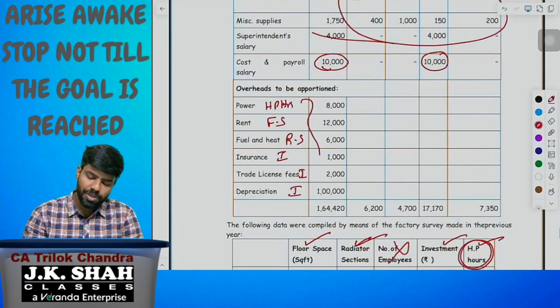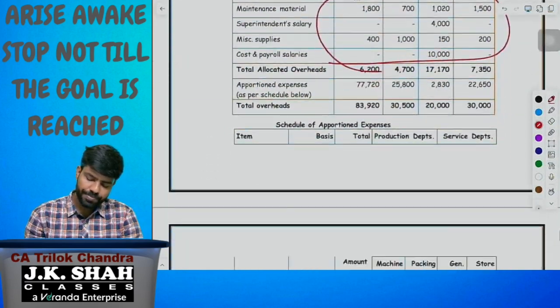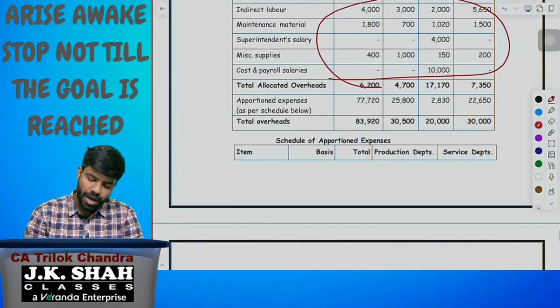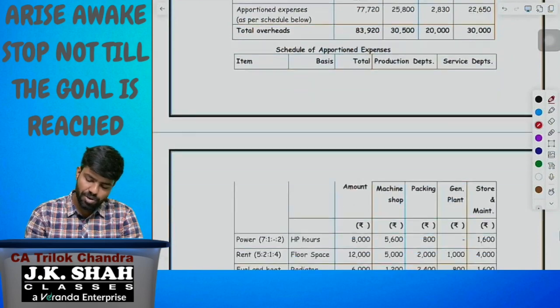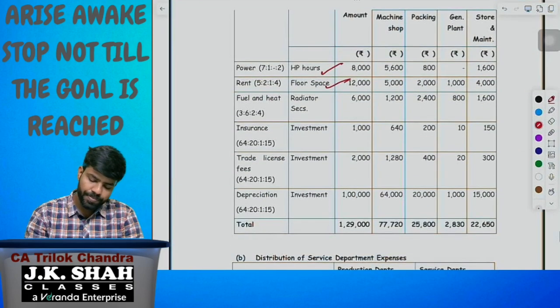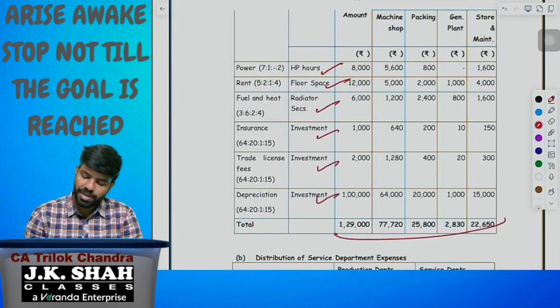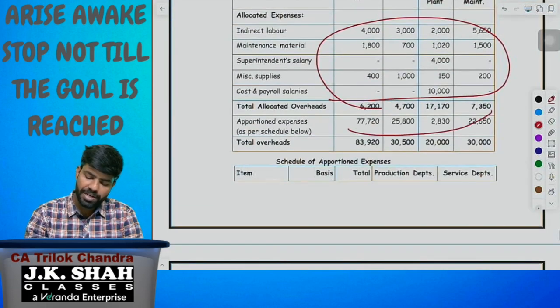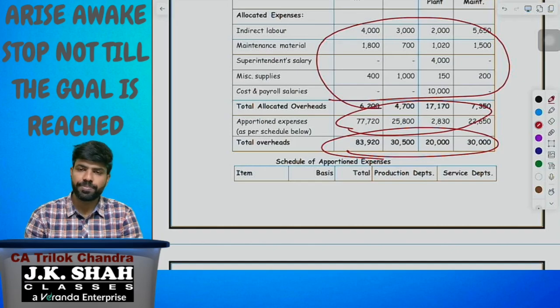Apportionment, I already told you the basis. Apportioned expenses as per the schedule below: power on horsepower hours, rent on floor space, fuel and heat on radiator section, insurance on investment. Do the apportionment and take the total. The total has been taken here, so you get total overheads here.